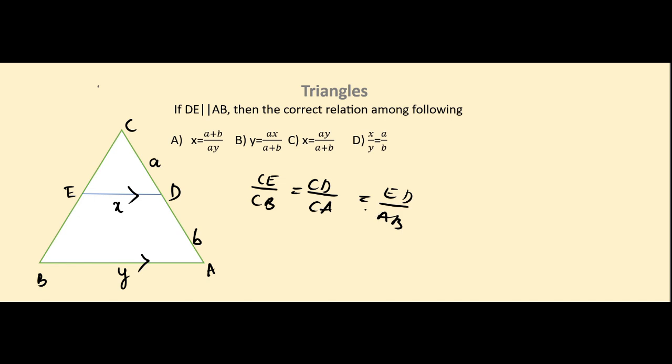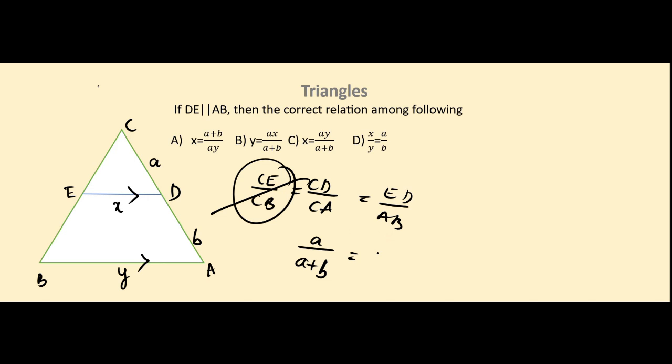So here they have given the value of CA. CB is nothing but A. And CA we can write as CD plus DA, that is A plus B. We can ignore this, just remove it, and remaining here is ED divided by AB.